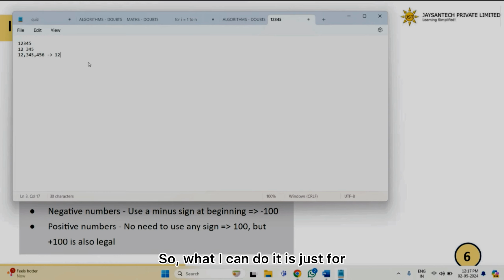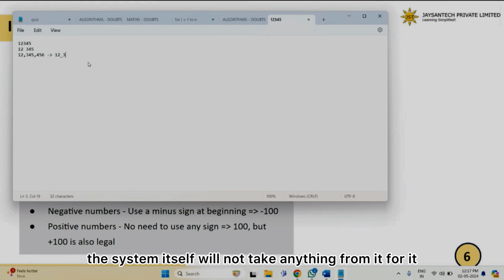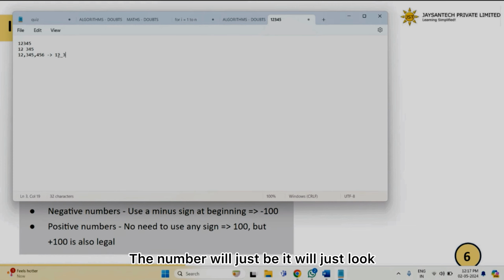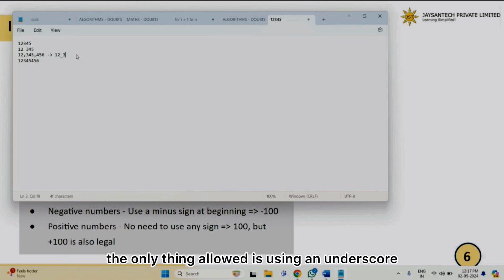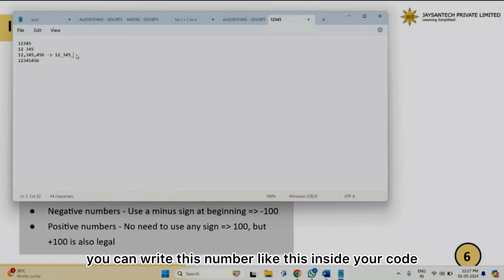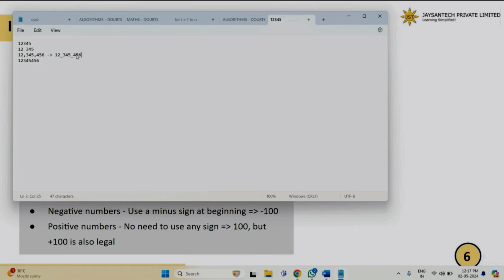It is just for display purposes. The system itself will just look at the number as 12345456. If you want to decorate your number, the only thing allowed is using an underscore instead of a comma.